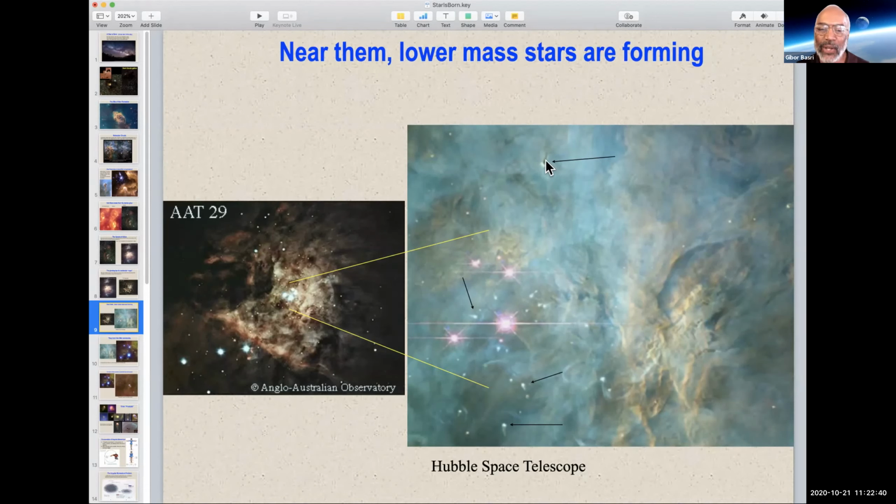So these actually are places where new stars are forming, but the radiation and there's actually a wind of hydrogen blowing off of this star at several thousand kilometers per second as well. It's actually eroding these little cores where new stars are being made. So when you form stars in one of these giant molecular clouds where there are very high mass bright stars, it actually affects the formation of the stars around them.